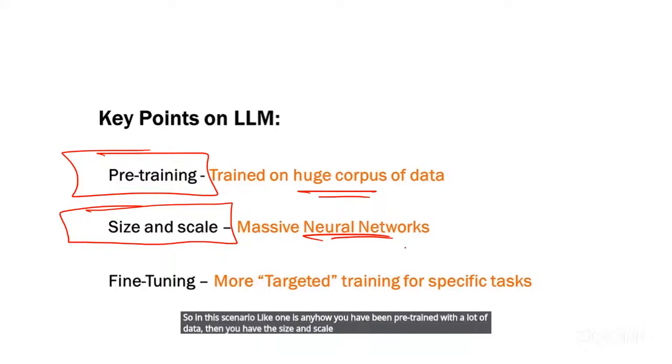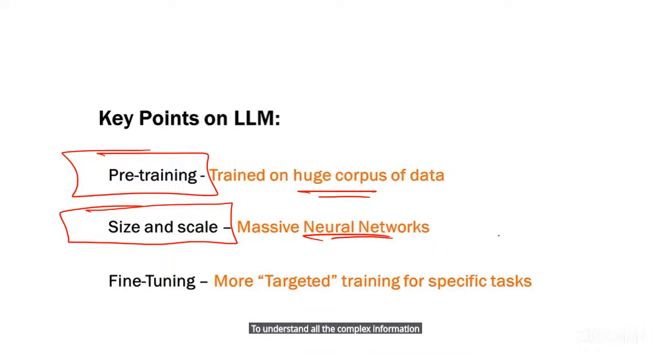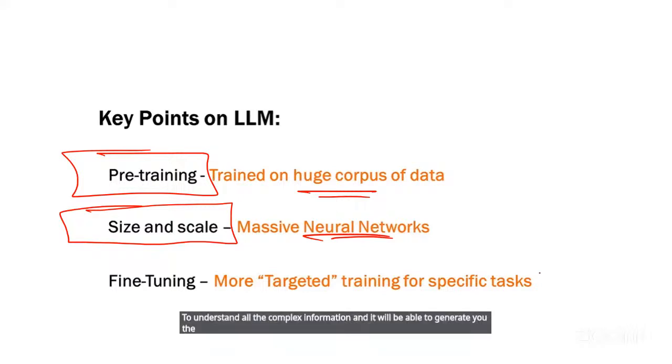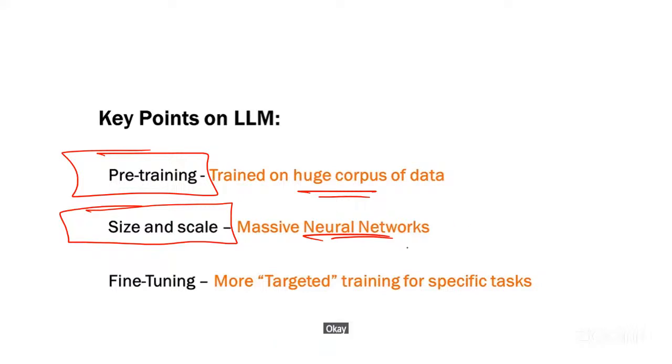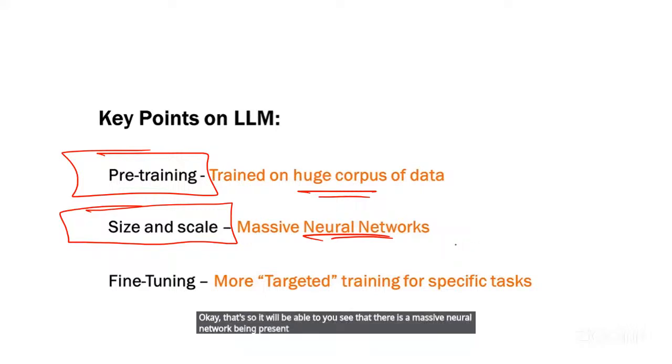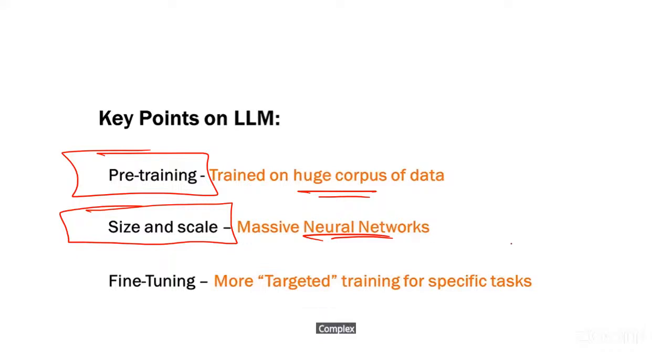These models are built in such a way that you have a massive neural network, that means it has a huge number of connections, which is going to allow them to understand all the complex information, and it will be able to generate responses like a human being.